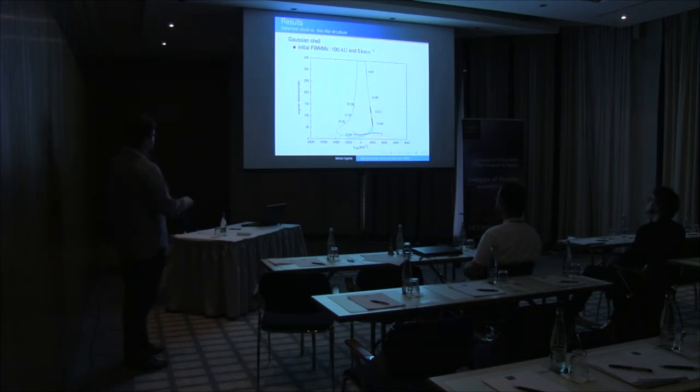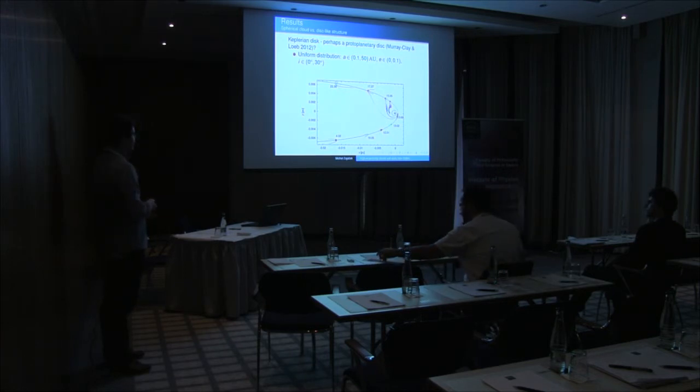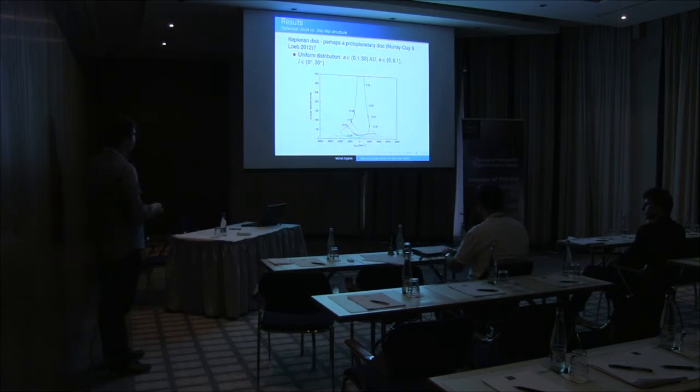This is the evolution and the position-velocity diagram, and this is for a Keplerian disk, which was also discussed in the work by Mary Clay and Lab 2012. Then more particles stay bound to the star, orbiting inside the bow shock region. This is in the position-velocity diagram.